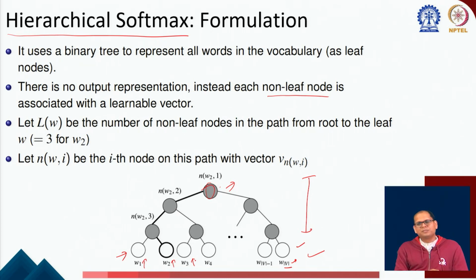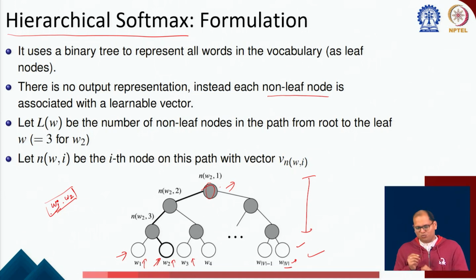Again, you will have a target and a context. Let us say I want W2 to be the target or context, depending on what kind of formulation you are using. Let us say I want to go to W2. So, I have a word Wi and I want to compute the embedding similarity of Wi with W2. That is what you want to find out.